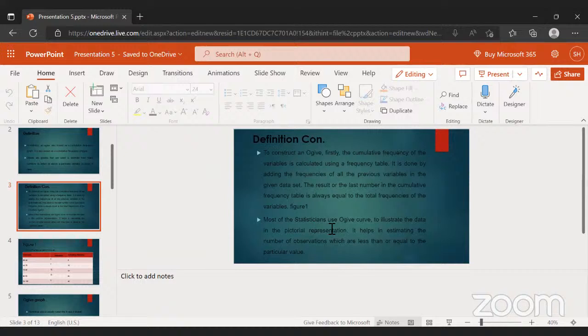Most statisticians use the ogive curve to illustrate the data by pictorial representation. It helps in estimating the number of observations which are less than or equal to a particular value.